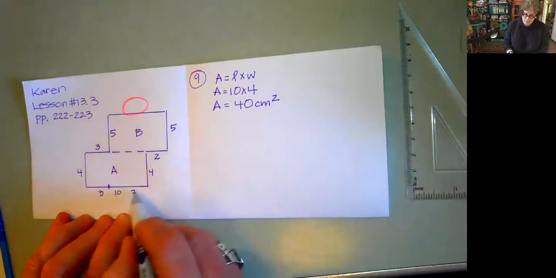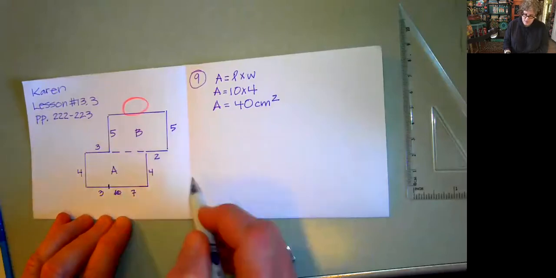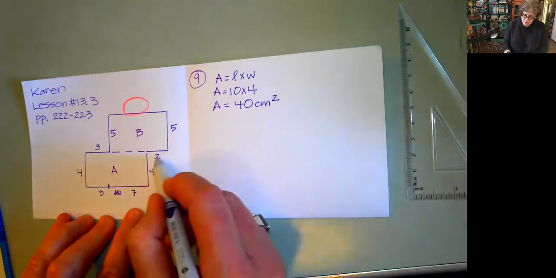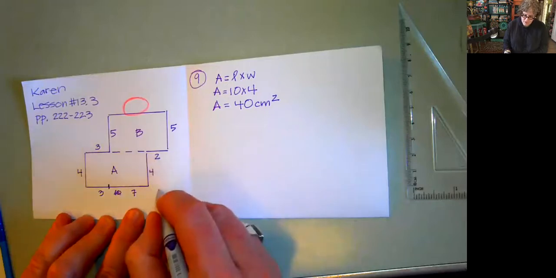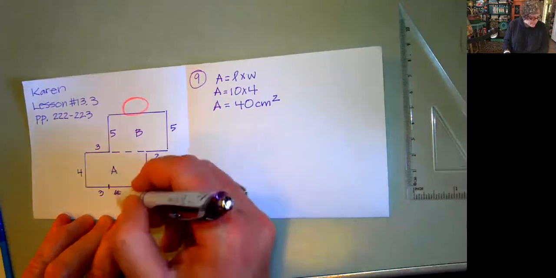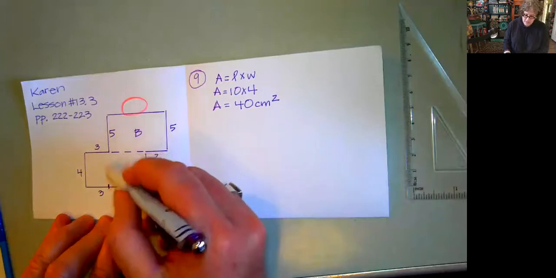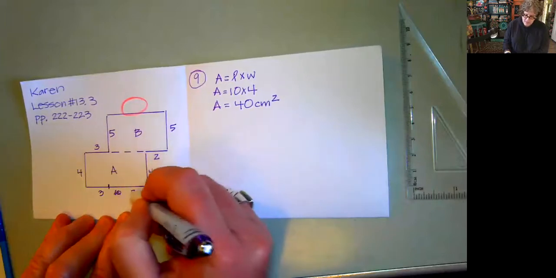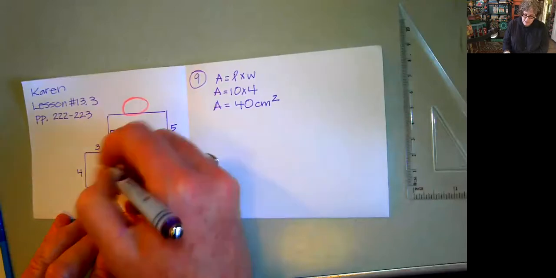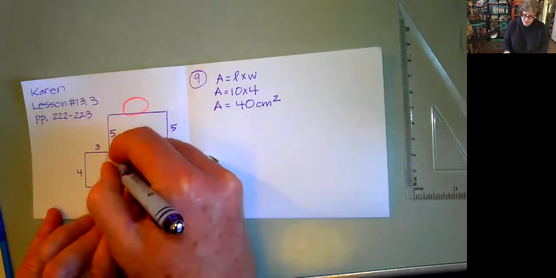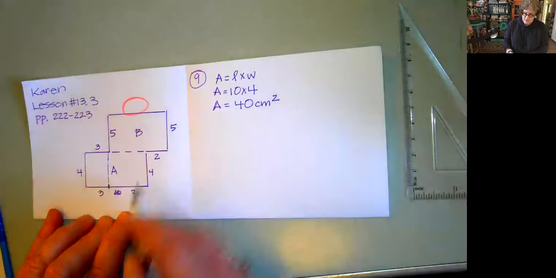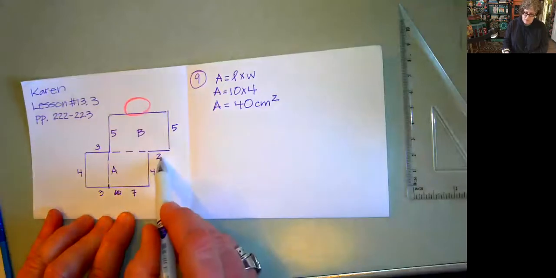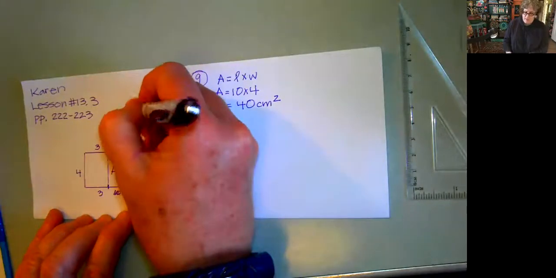And this little middle section is 7. And then this is 2. So if we went ahead and said this is going to be 7, the 3 cuts down like this, right? So we know that that's 3. So this is going to be 7 plus 2, which is 9 for that side.